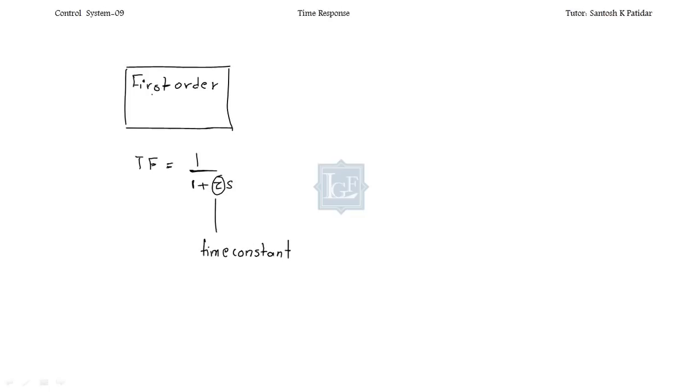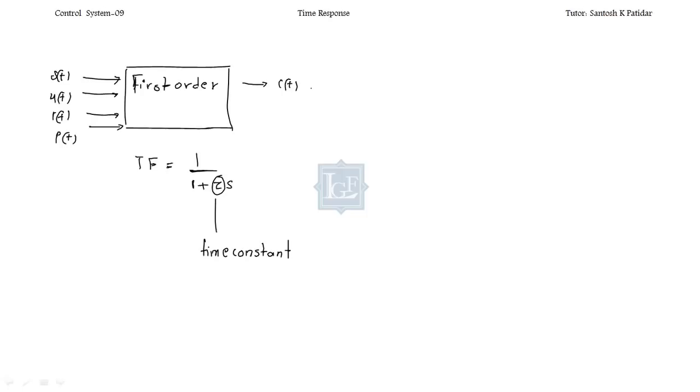Okay, to this first order system, whose transfer function is given by 1 divided by 1 plus tau s, we applied some inputs in lecture 8: unit impulse, unit step, ramp and parabola function. We got some outputs.